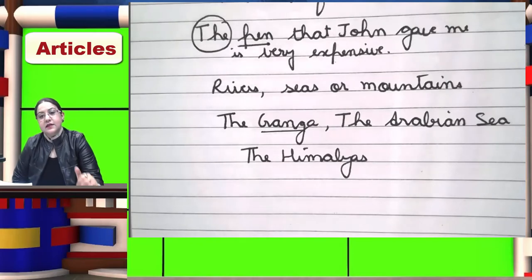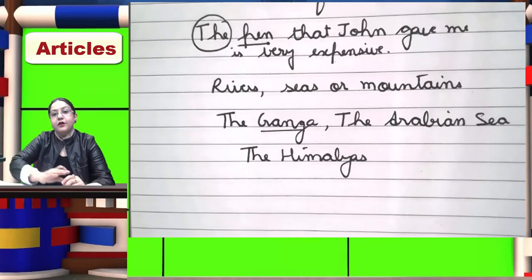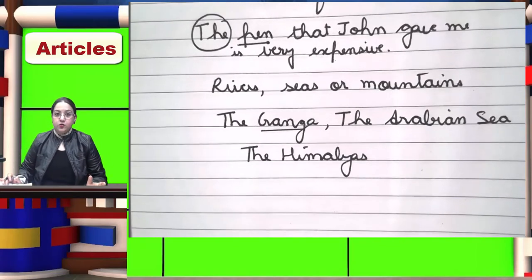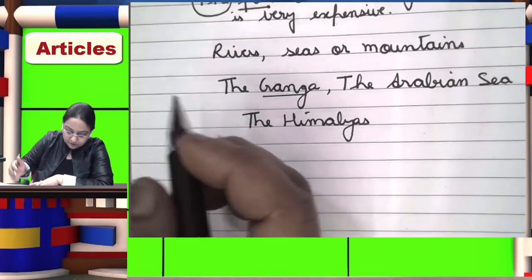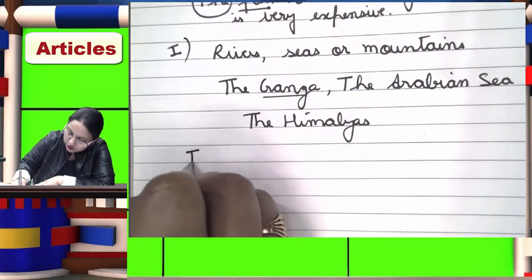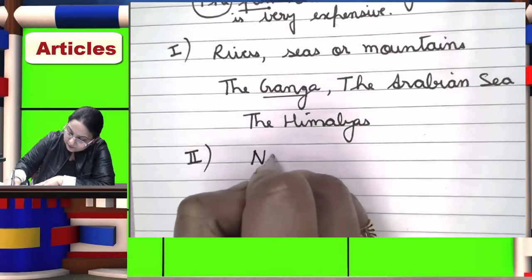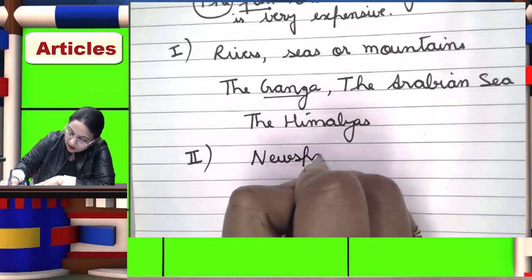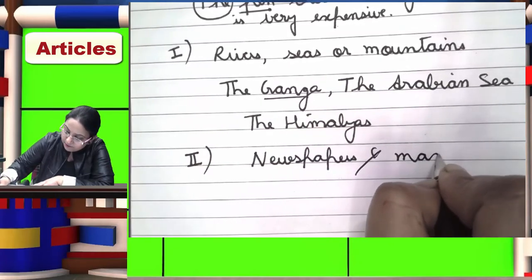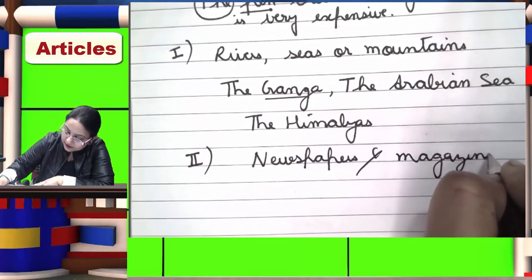But in certain cases, we are using the. In cases of certain proper nouns, we are using the article the. For example, I took the case of rivers, seas or mountains. Whenever we are talking about rivers, seas or mountains, we are using the article the. Similarly, whenever I am talking about the names of newspapers and magazines, I am using the article the again.